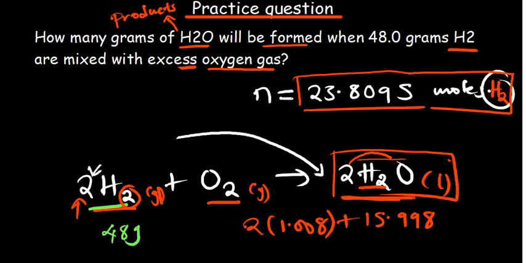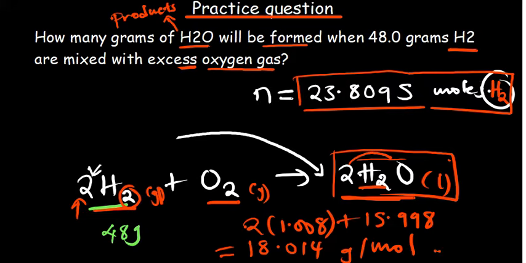So let's basically get to add the 2 by 1.008 plus 15.998. So the molar mass, the relative molecular mass of our water molecule is 18.014. Now the units are grams per mole.